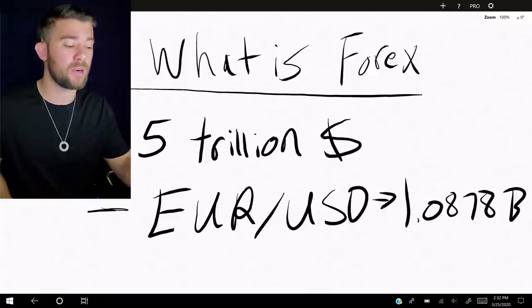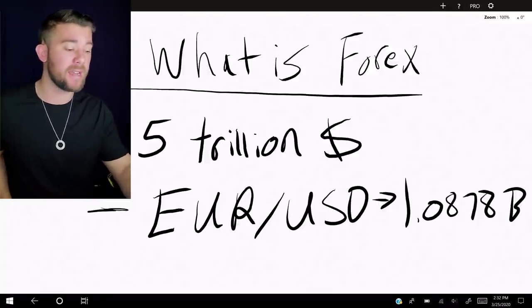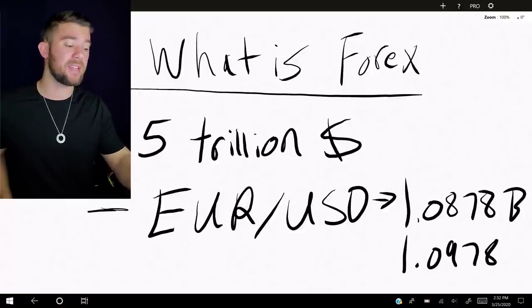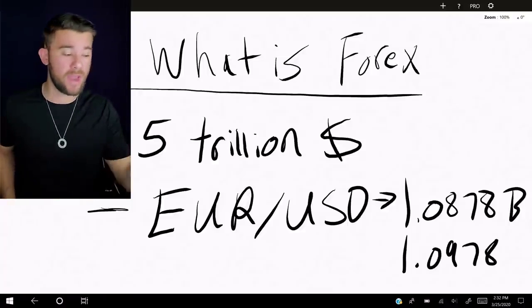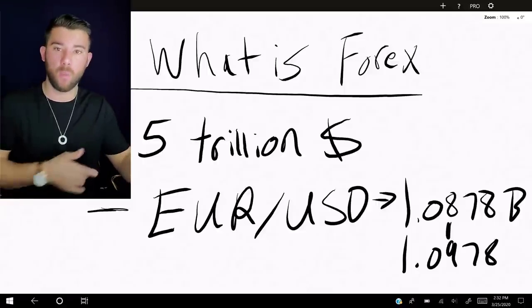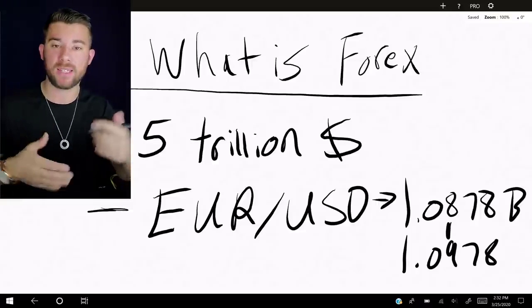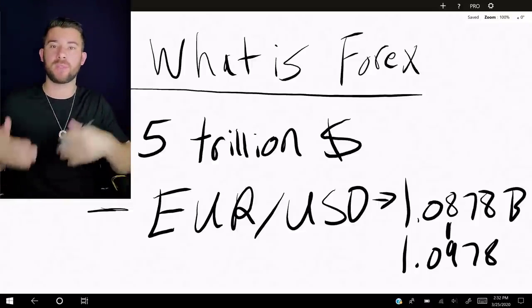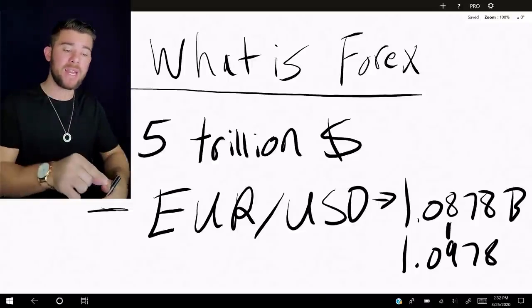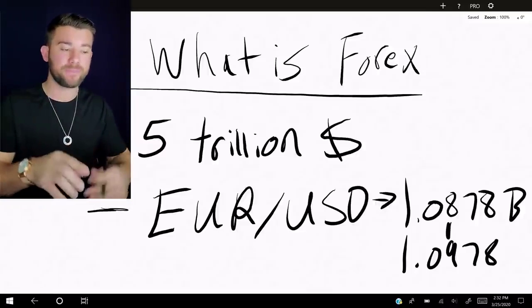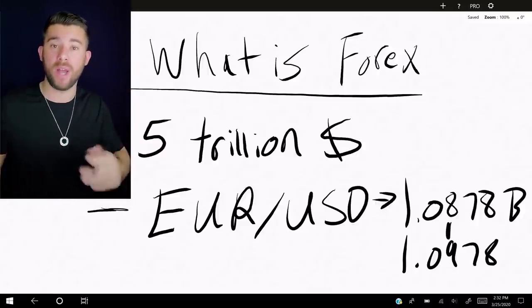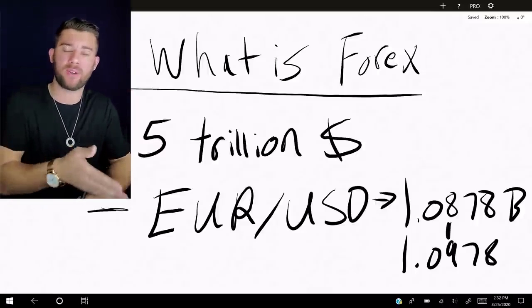But if you put in a buy order at 1.0878 and this exchange rate goes to 1.0978, then you make the difference. You make the profit of essentially 1 cent, but we are trading based on huge amounts of size in the Forex market and with leverage, which we're going to discuss later on. Right now, what you need to understand after the question of what is Forex is what is a currency pair?